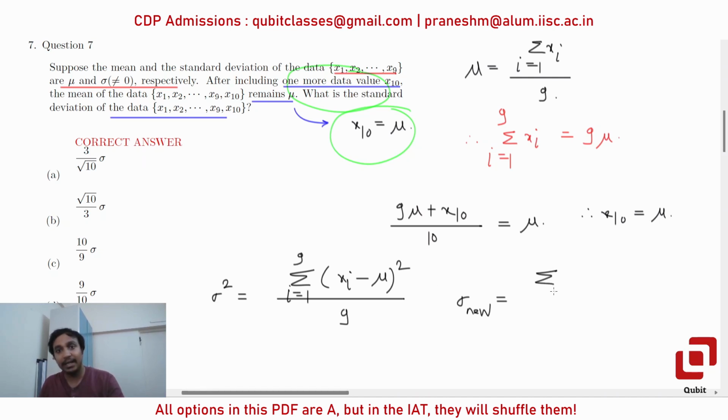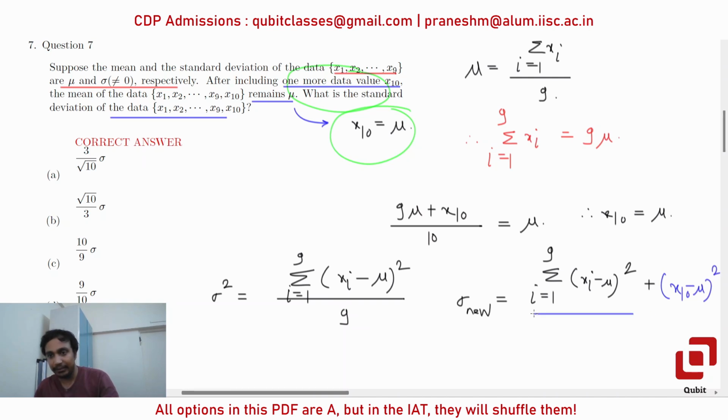There are now 10 values, but let me write it like this only, and then I need to consider (x10 minus mu) the bracket squared, and I need to divide this by 10, because now we have got 10 values and not 9.